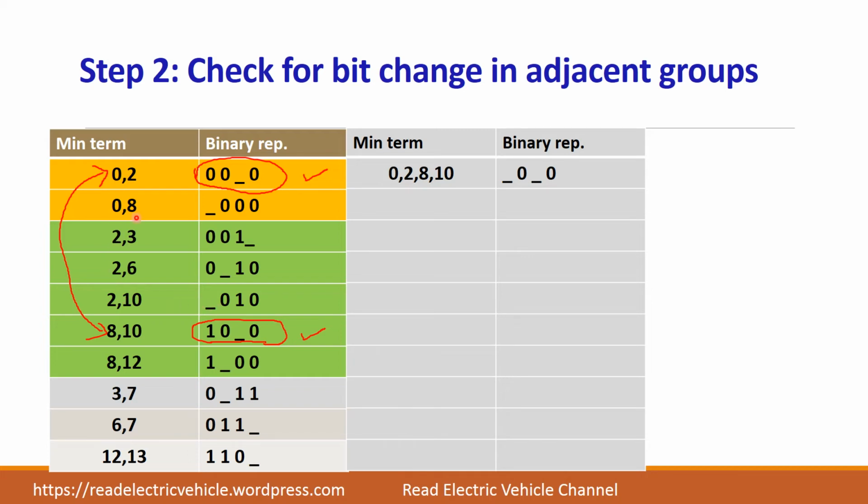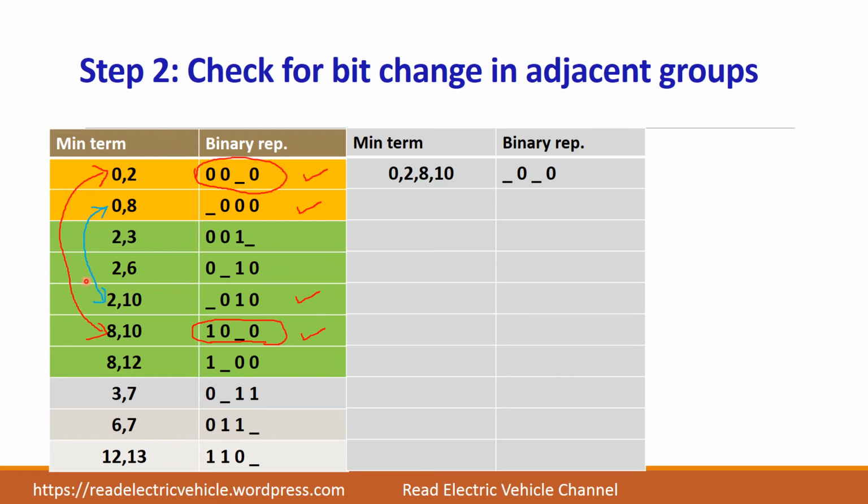So you check 0 8 and 2 10, 0 dash will come, the same thing will repeat because the minterms are same. So let us not write again, you just put a tick mark alone. So we have put the tick mark. So first two rows comparison is over. This group 1 and group 2 comparison is over.